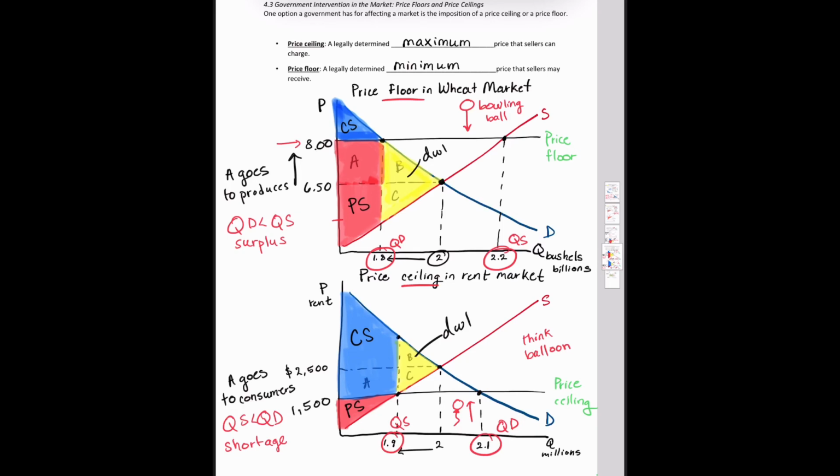Keep in mind that there are some municipalities and cities that have decided to put a stop to Airbnb rentals, short-term rentals. An example of this is Amsterdam, and they decided that they didn't want tourists staying in Airbnbs.